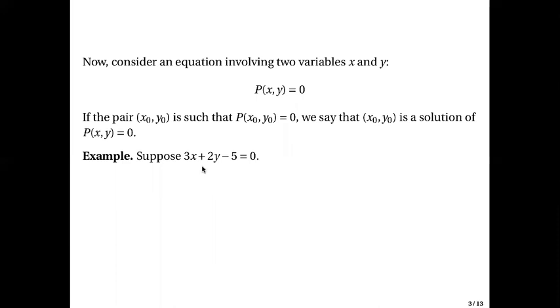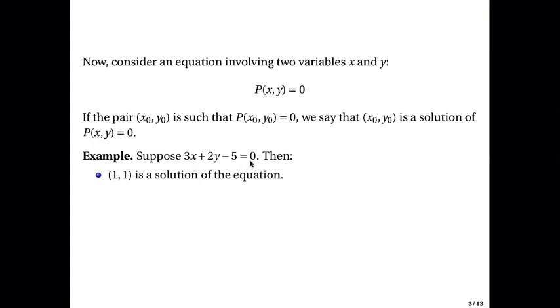So for example, suppose we have 3x plus 2y minus 5 equals 0. Then 1, 1 is a solution of this equation. Meaning if we replace our x with the first number here, 1, and the y with the second number here, again 1, this equation here will be true.